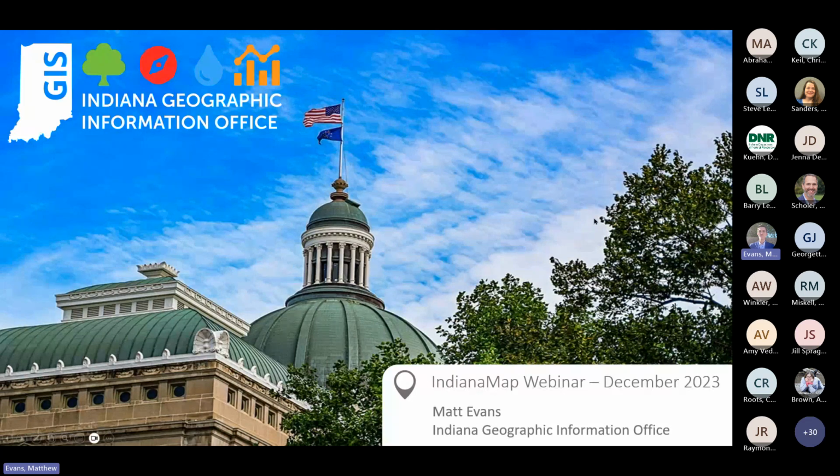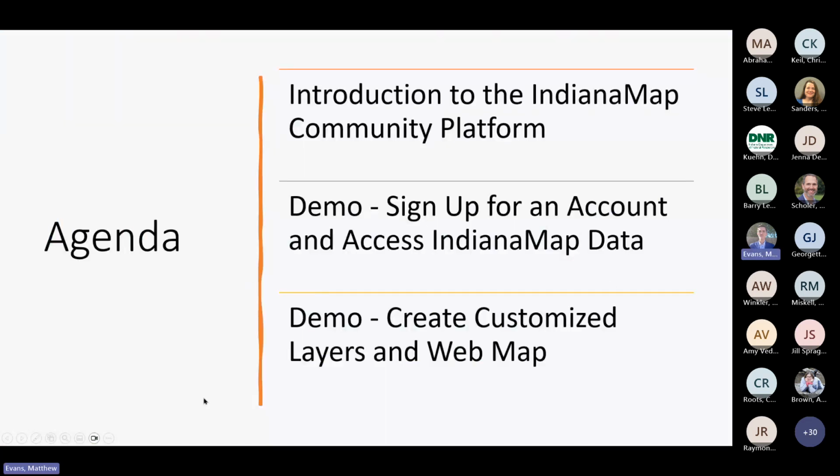So on our first slide here, I have just a quick agenda for this webinar. I'll start by going through, I believe, 8 slides that introduce the IndianaMap community platform and talk about some of the different capabilities that these user licenses will give you if you sign up for it.